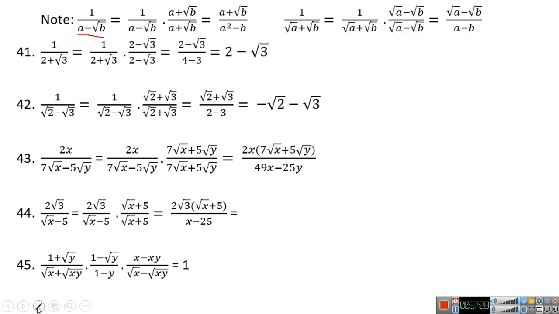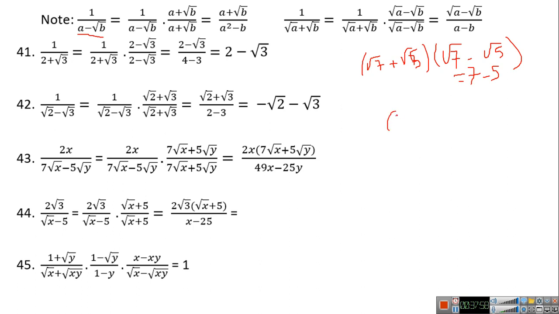Guys, what I'm trying to say, for example, if you have root 5 plus root 7 down, suppose this is all in denominator, plus root 5, sorry. If you multiply by root 7 minus root 5, what do you get? You're going to get a square minus b square, a plus b into a minus b, so 7 minus 5, okay?